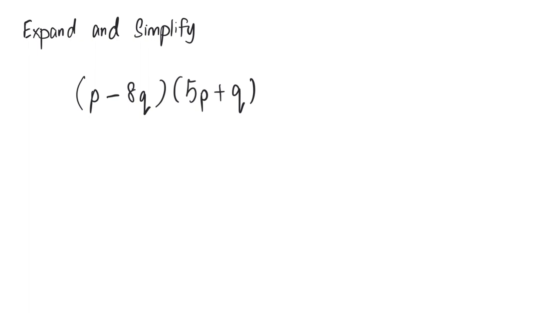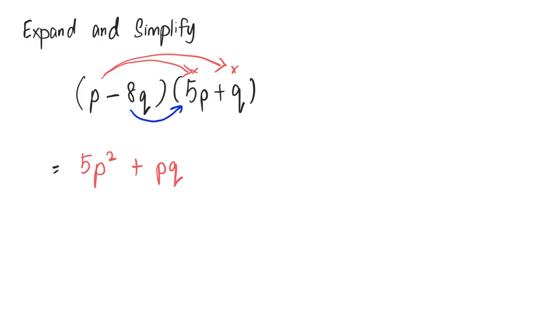Hello everyone, welcome to this problem where we are required to expand and simplify. So we will have the following: 5p square after I multiply them, p times q, positive pq, negative 8q times 5p.